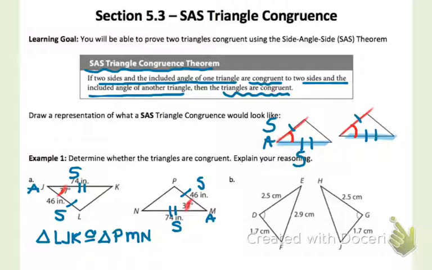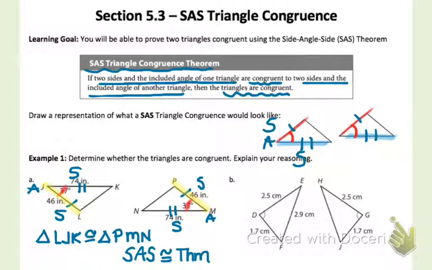Since I went from L to J, over here I had to go from P to M. Does that make sense? Make sure you're naming them in this corresponding order. And also then we state this is by the SAS congruence theorem. That's how we abbreviate that.